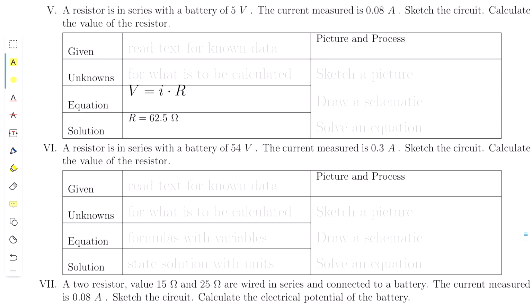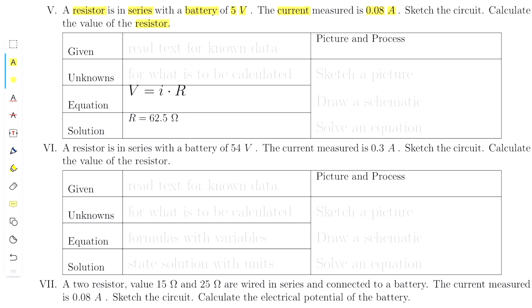In number 5, you have a resistor. Again, we are in series, which means the same current. It does not mean that it's just the same value. It means that it is literally the same current.